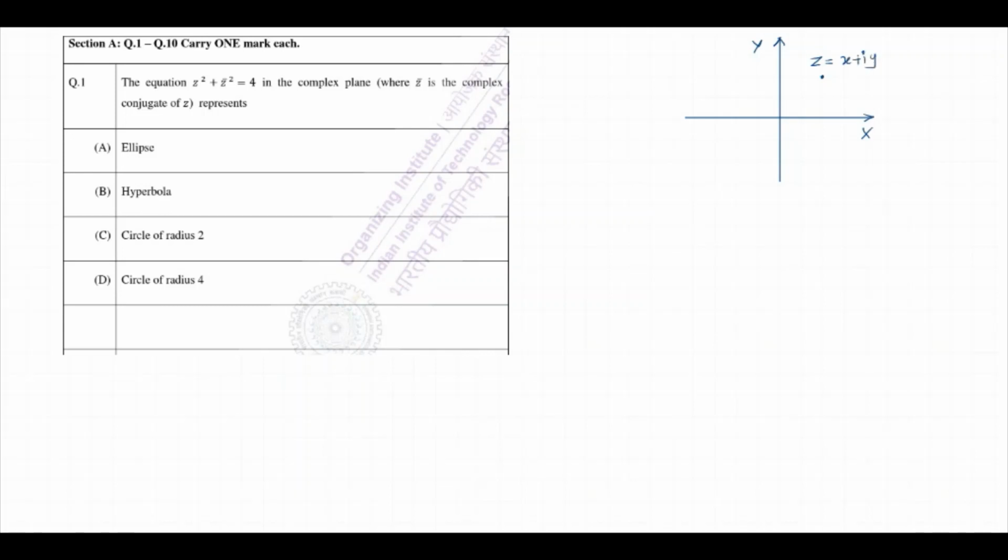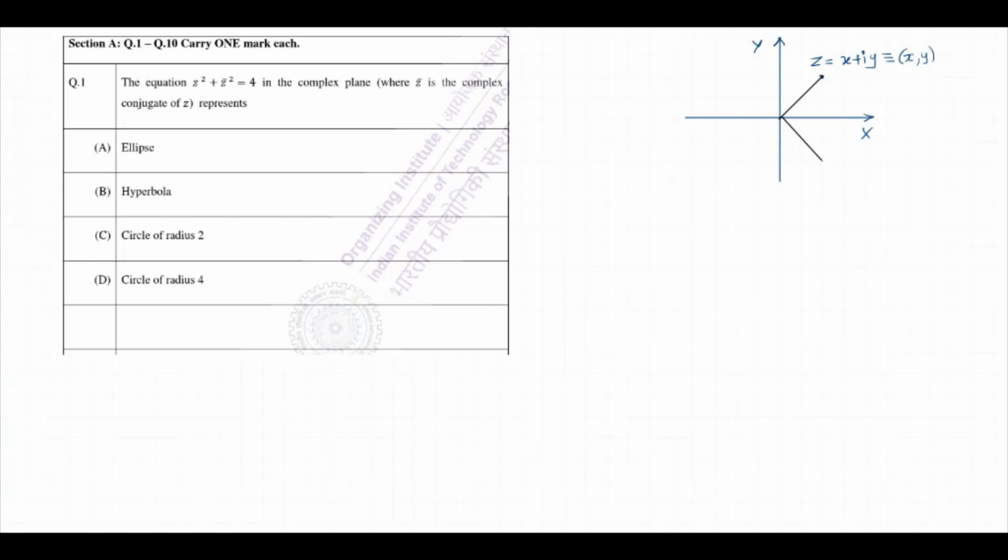We can denote it as x plus iy, or equivalently an ordered pair x comma y. This is the representation of a point in the complex plane. And what is the meaning of complex conjugate? Complex conjugate is nothing but the mirror reflection of that point about the horizontal axis.